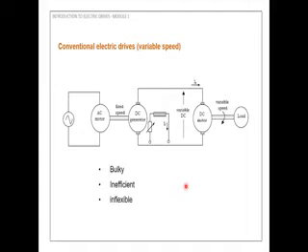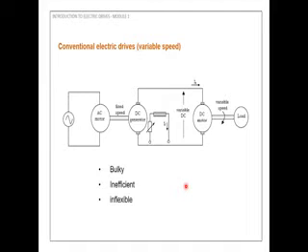By varying the resistance or field current, we can control the speed of the generator, and the output voltage can be varied. By varying the voltage across the DC motor, we can control its speed. By this method, the speed of the DC motor can be easily controlled.